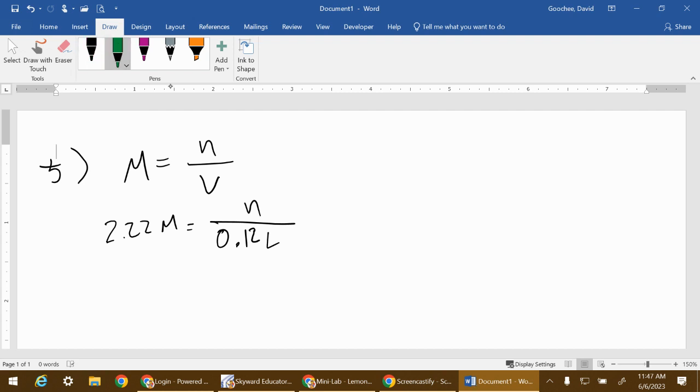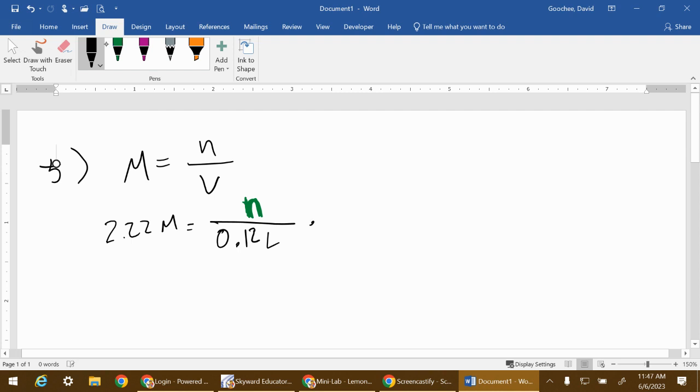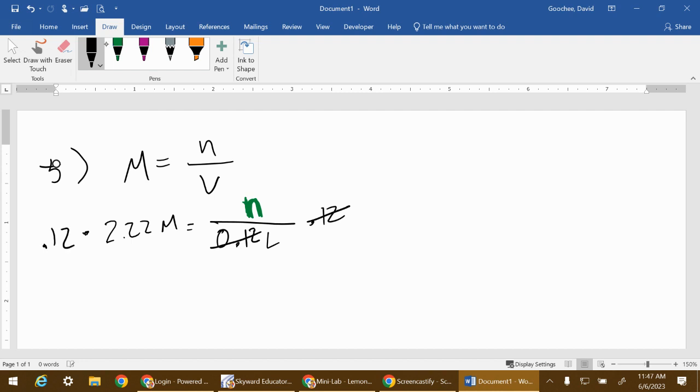And I need to figure out how many moles of sugar were in my lemonade. So to do this, I'm going to multiply both sides by 0.12. So the number of moles of sugar in my solution is equal to 0.12 times 2.22.